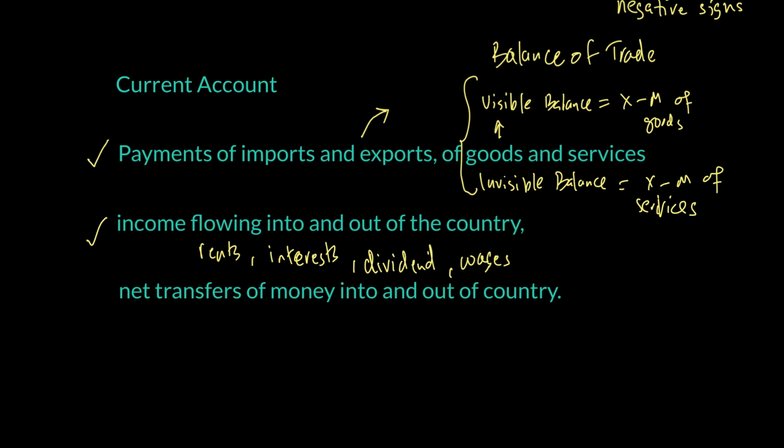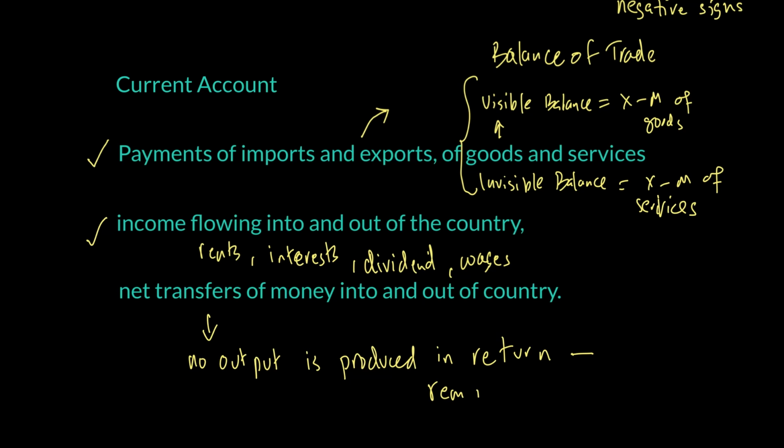The net transfers of money is basically money which is coming from abroad for which no output is produced in return. A good example of this is all the remittances we get from abroad. The remittances are basically payments by workers, your local workers who are working abroad.